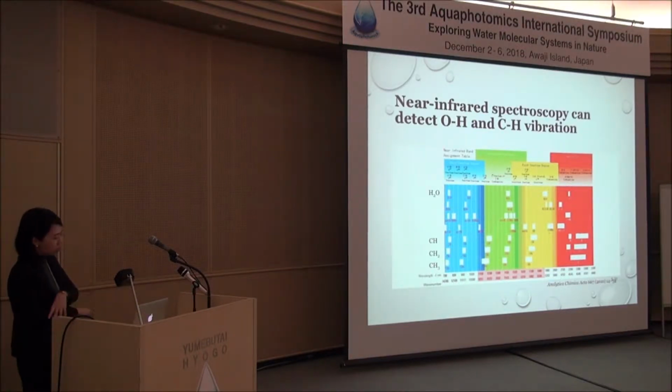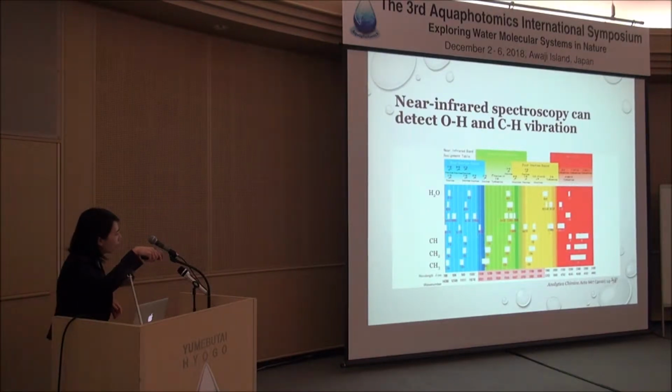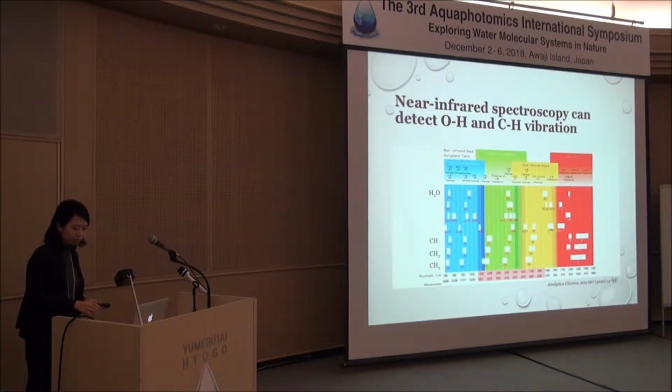This chart shows the absorption of each molecular vibration in the near-infrared wavelength region. Sugar has CH and OH, and water has OH. So we mainly analyze from 1100 to 1800 nm in this study.